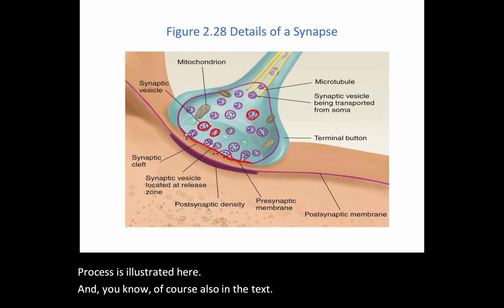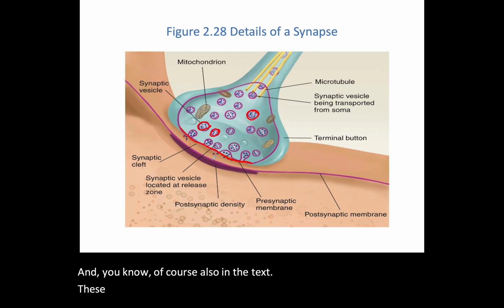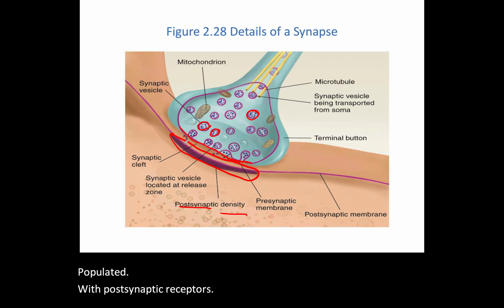These neurotransmitters are dumped into the cleft, and they diffuse over and reach this zone here. This is the postsynaptic density, a zone populated with postsynaptic receptors. These receptors are specialized proteins that can detect the presence of neurotransmitters.